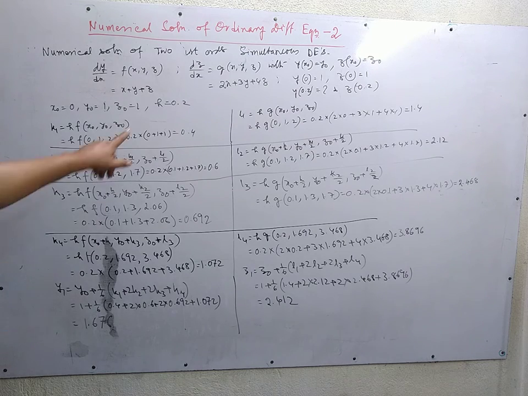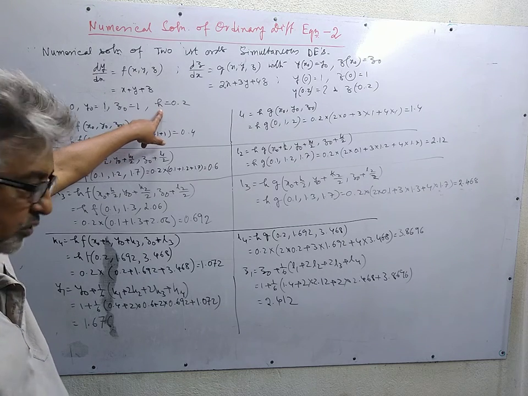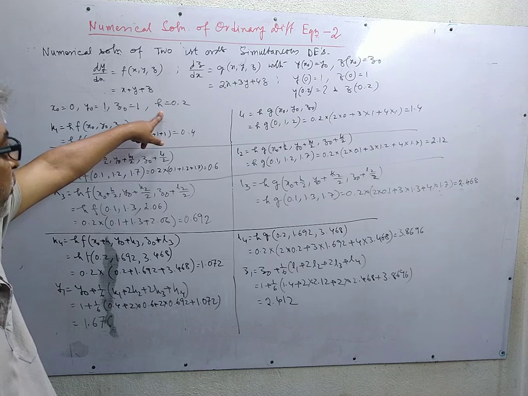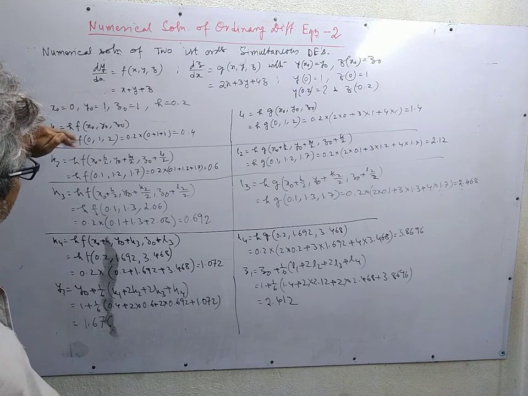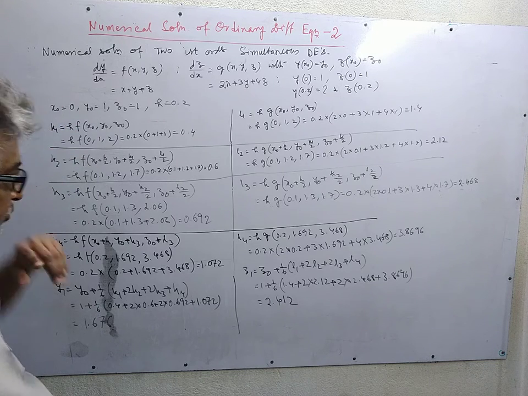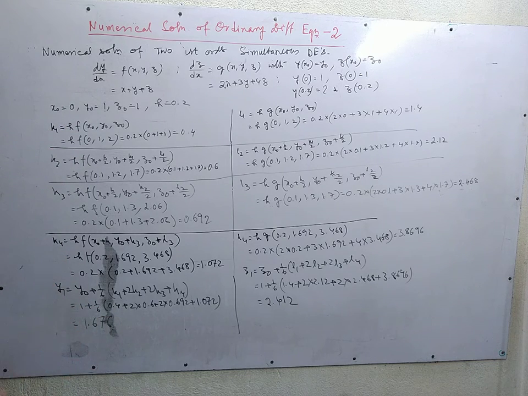We could use H is equal to 0.1, so that from x is equal to 0 we first go to x is equal to 0.1, then use the values of x, y, z at x is equal to 0.1 to evaluate the values of x, y and z at x is equal to 0.2. Then it will be a two-step process.